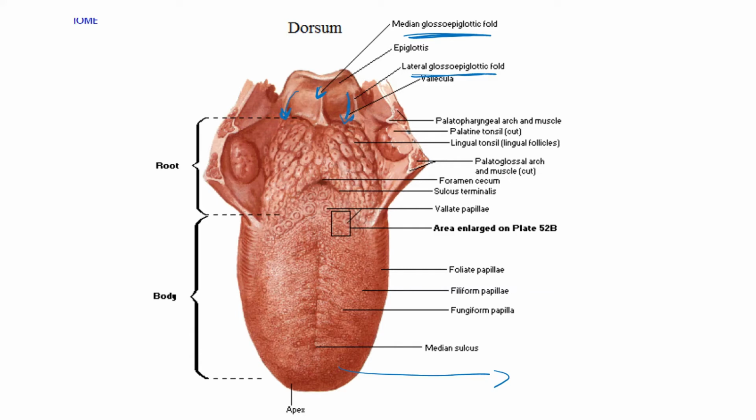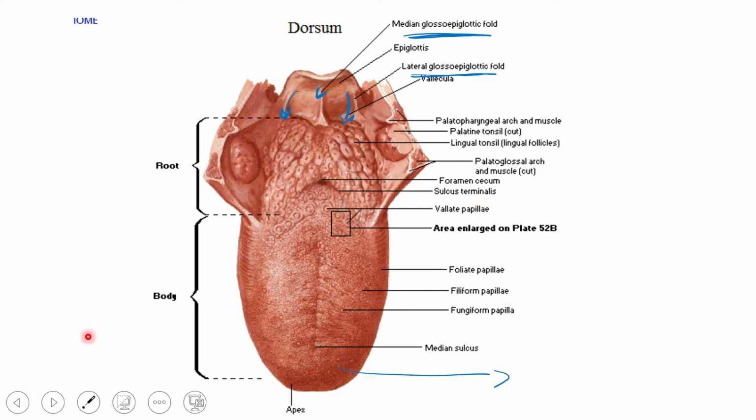The entire dorsal surface, as we can observe here, including the base, is divided into two parts by the sulcus which is called the sulcus terminalis.